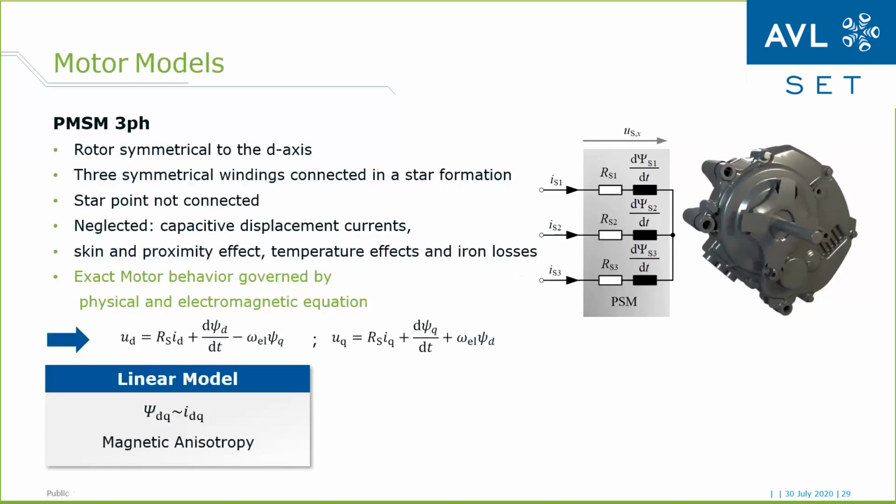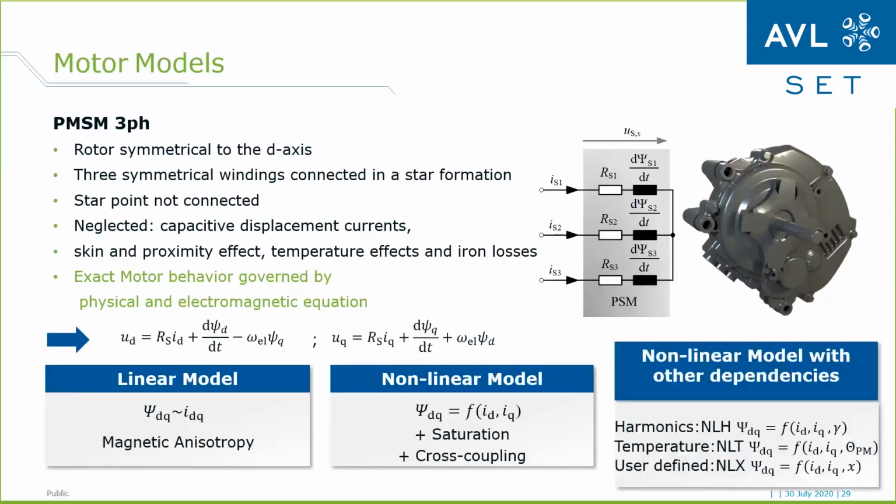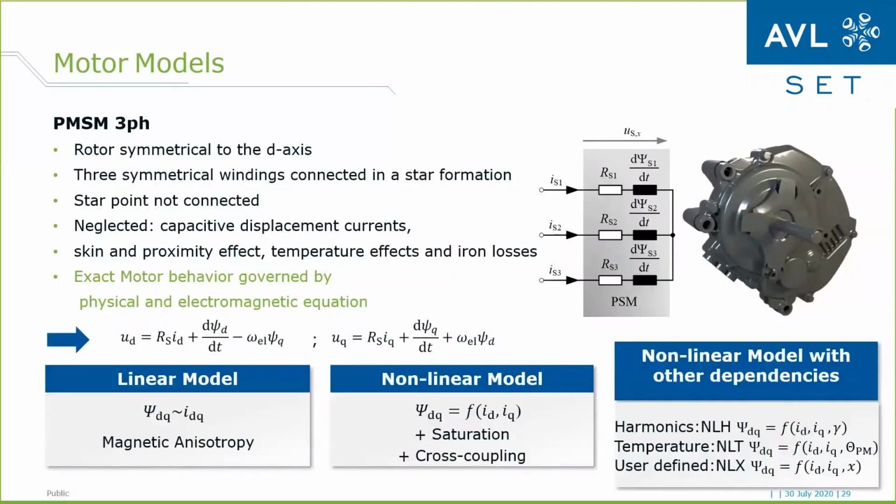In case of a linear model, as I said, there is cross-coupling and so on, and in case of a non-linear model, saturation and cross-coupling. We also have a model depth, which is a non-linear model with other dependencies, such as harmonics, where it depends on the rotor angle, and temperature effect, where the user can specify a temperature for the permanent magnet or stator, with which the behavior of the motor also changes.